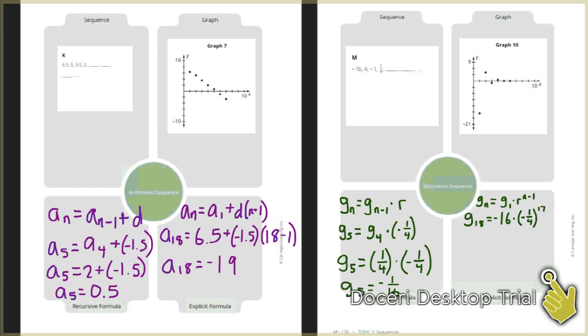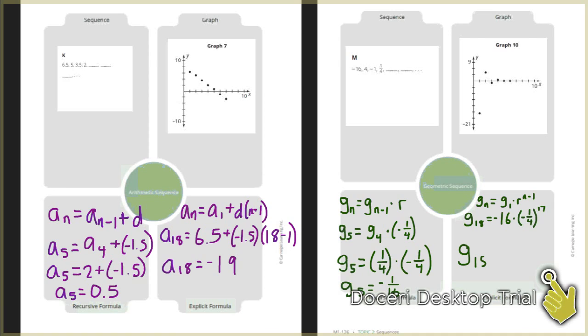Now, when we get this, it's going to be a really, really small number. Your calculator is probably going to give you either a whole bunch of zeros after the decimal, or it may even put it into scientific notation. So on this one, the way I'm going to write it is just like this.